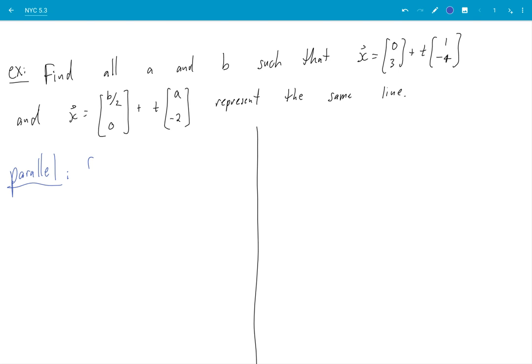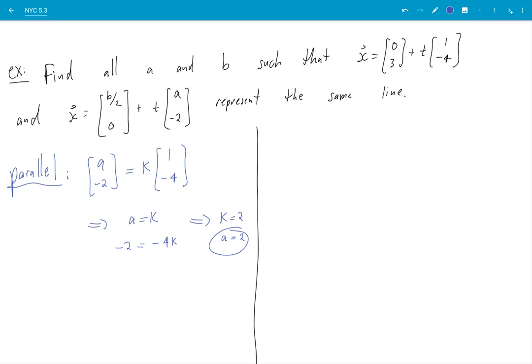So what does that mean? It means that the direction vector of the first line has to equal some constant times the direction vector of the second line. So A is equal to K, negative 2 is equal to minus 4K. So K is equal to 2, and A is also equal to 2.